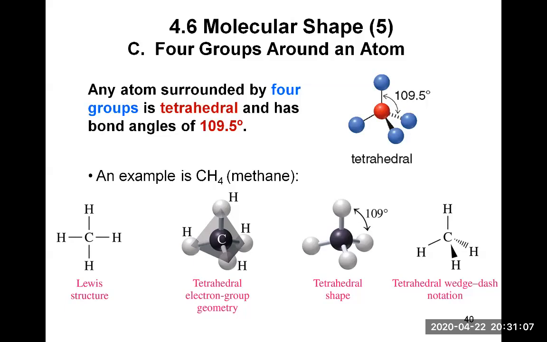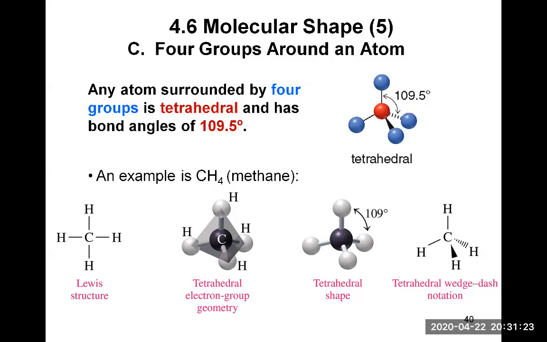So methane, the Lewis structure on the left shows that carbon is surrounded by 4 hydrogens with single bonds. And so that means 4 electron groups around carbon, the central atom.